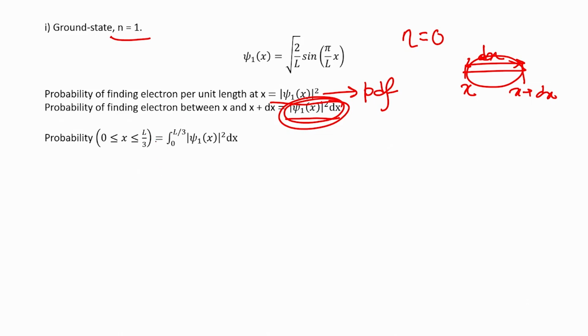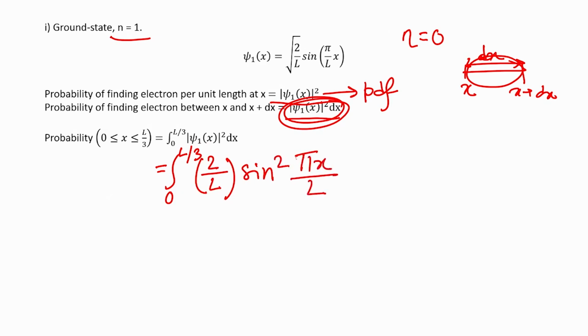So let us just go through a few steps here. Integrate from 0 to L by 3. The magnitude of psi 1 of x whole square will be given by 2 by L sine square pi x by L. You have to convert this sine square to cos 2 theta in order to do the integration, so that it will come as a standard integral.